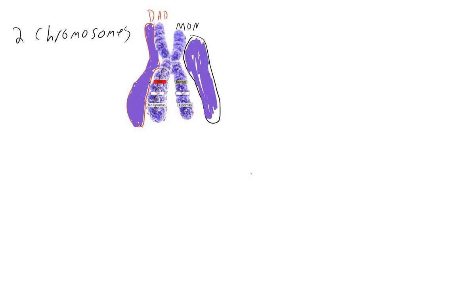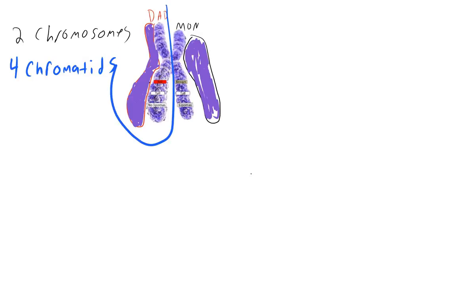But what you can say there are four of is there are four chromatids. You see, I'm trying to spell and talk at the same time. Chromatids. There are four chromatids, but only two chromosomes, because there's really only two sets of information, dad's and then mom's.